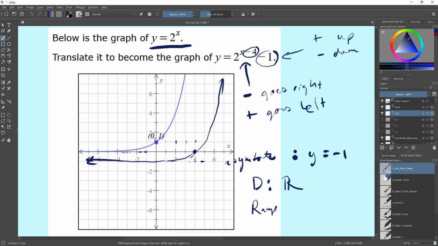But the range, because the range starts on the y and it never goes under negative 1. So the range is going to be y is larger than negative 1 because it goes down to negative 1 and it goes up. Okay. So this number here tells you the range. Okay. That number at the end there tells you the range.